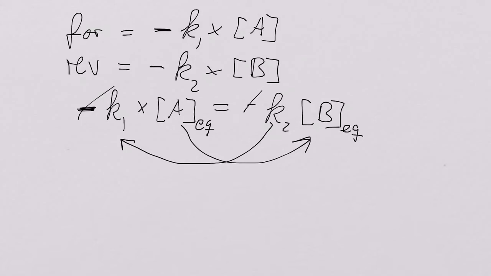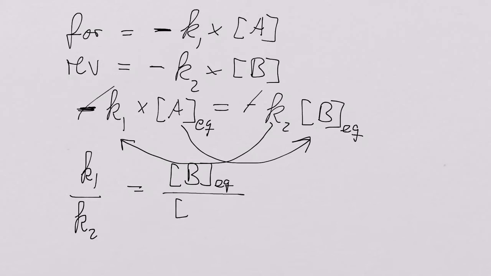So we would have K1 over K2 equals B in the equilibrium over the concentration of A in the equilibrium. Well, just shift things to the different sides.